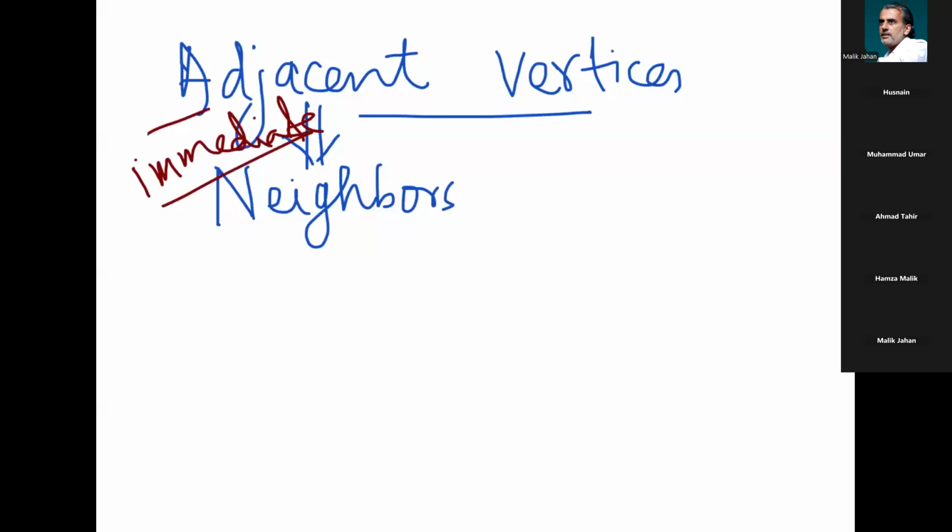In graph theoretic terms, these are vertices which are connected directly using an edge. If I have a vertex A and a vertex B, A and B are neighbors of each other. B is adjacent to A, and A is adjacent to B, because the graph is undirected. Adjacency is the concept which captures the immediate neighborhood of two vertices.